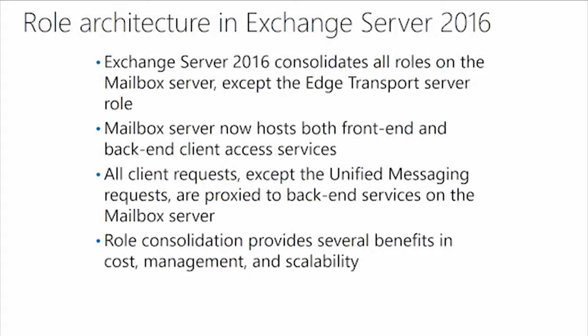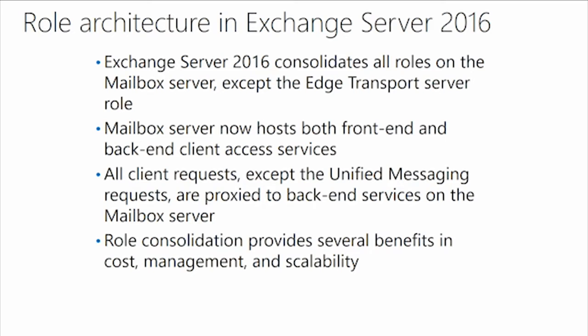So Mailbox takes care of your high availability with database availability groups, and still handles the storage of mail. Client access services provide your authentication, redirection, proxy of servers, and support for HTTP, POP and IMAP, and even SMTP protocols, because the front-end transport layer is in the client access services layer. So speaking of transport, we now have 3 transport services.